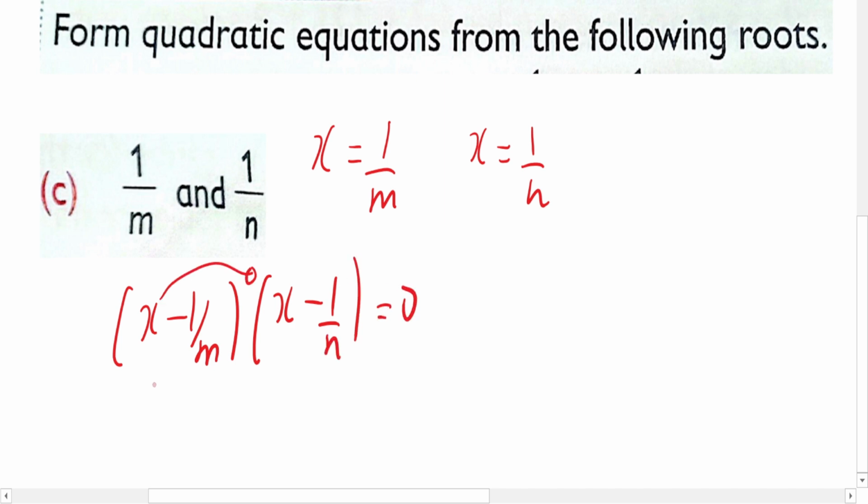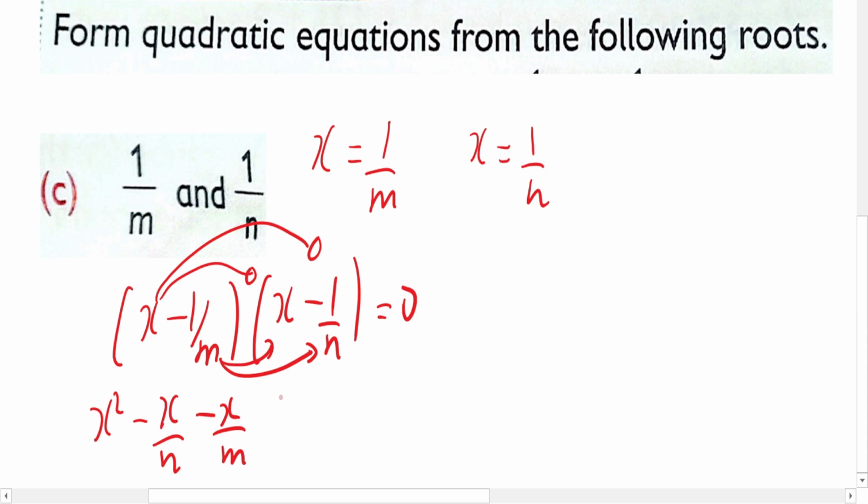So x minus 1/m multiplied by x minus 1/n equal to 0. X times x, x squared, x times -1/n gives you -x/n. -1/m times x gives you -x/m. -1/m times -1/n gives you plus 1/mn equal to 0.